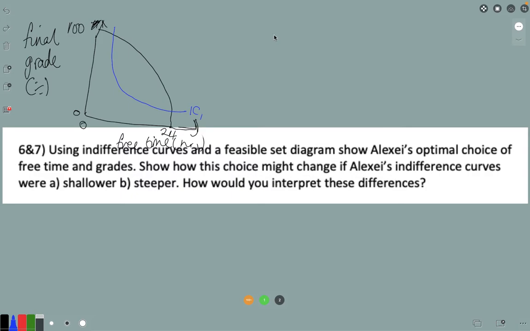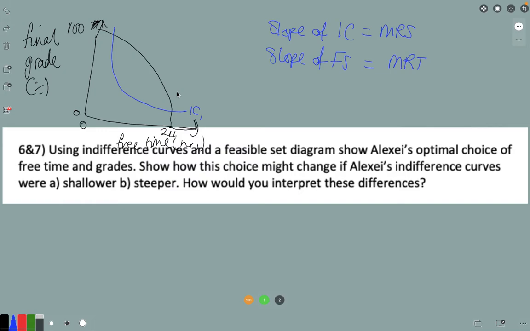Now, remember, the slope of an indifference curve is what's known as MRS, the marginal rate of substitution, and the slope of the feasible set, I'm going to call it FS for laziness, is MRT, the marginal rate of transformation, I think. That's what we call it here. MRS and MRT.